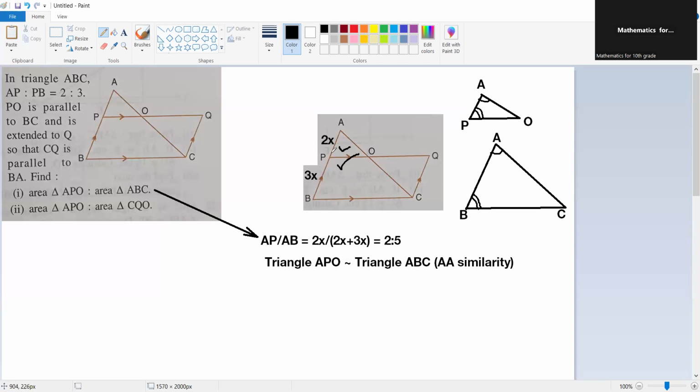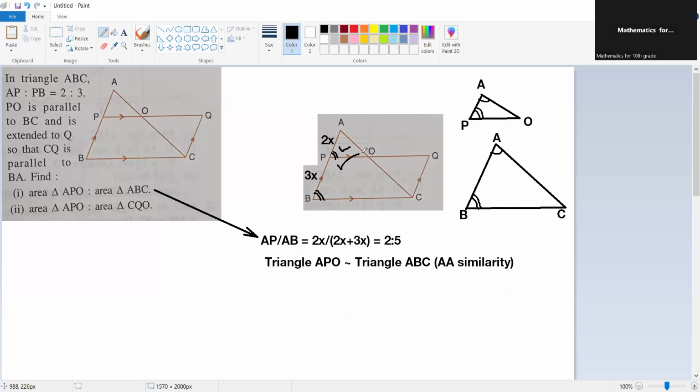So these two angles, APO, where I'm drawing it in the main figure, and angle ABC are the corresponding angles where the transversal is AB and the parallel lines are PO and BC. So these are corresponding angles.